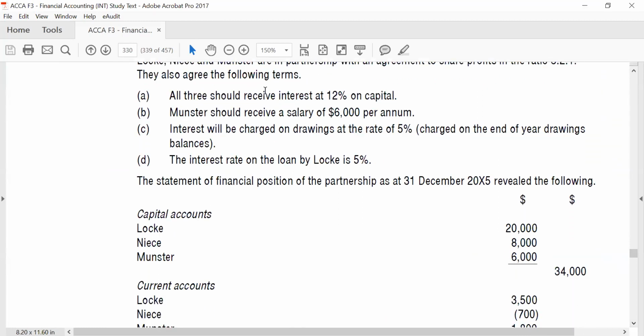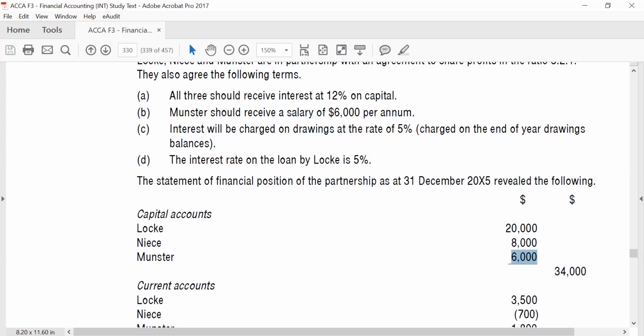Now, they have told me that all the three should be charged interest on capital at 12%. This 12% is supposed to be on the 20,000, on the 8,000, on the 6,000, because this is their capital. So interest is on capital. Are we together?